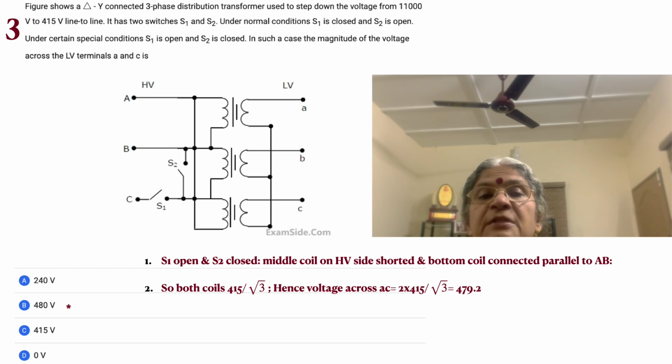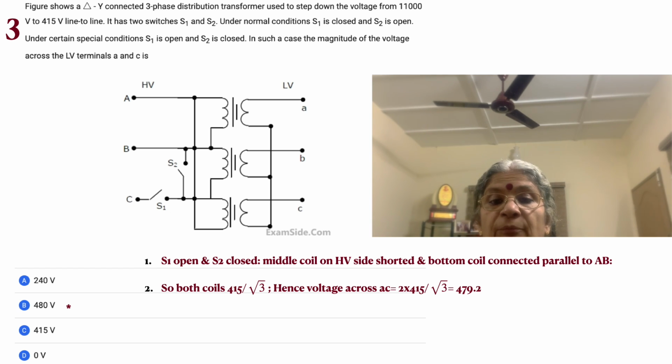Both coils now have 415 by root 3 on the secondary side, because the phase voltages are 415 by root 3. Hence, the voltage across AC is going to be as follows. A and C are in phase, because they are using the same line to line voltage, but of course the transformation is going to be 415 by root 3 because the phase voltage is appearing.